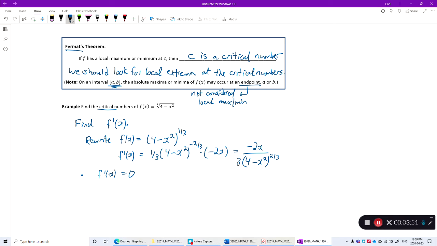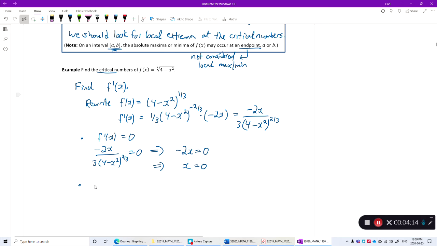And that 3 is down there too. So when is this equal to 0? The only way that it's equal to 0 is if the numerator at the top is 0. That implies that negative 2x is 0, which tells us that x is 0. So that's one critical number.